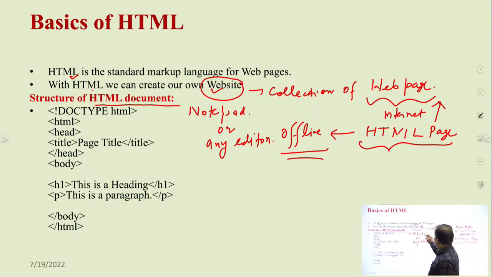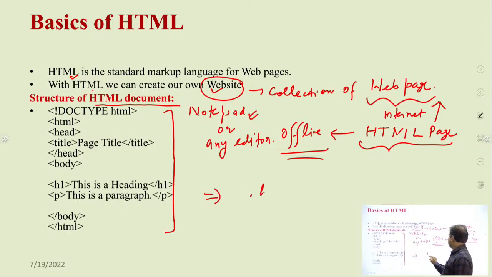Once we have written the code in Notepad, we will save this file with a .html or .htm extension. So every HTML file should be saved with the .html or .htm extension, right?